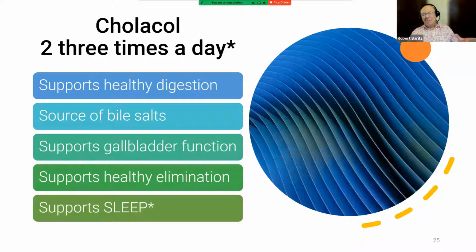Cholecystokinin begins the process of fat digestion. I'm not going to go into all the details about it, but it's also the happy hormone. And when people have cholecystokinin release, they just feel happy. And when I have trouble sleeping or I wake up in the middle of the night, I take 2 or 3 of these with a little bit of water, and I go back to sleep, and I sleep like a baby. It's something you've got to try if you have a little sleep loss.